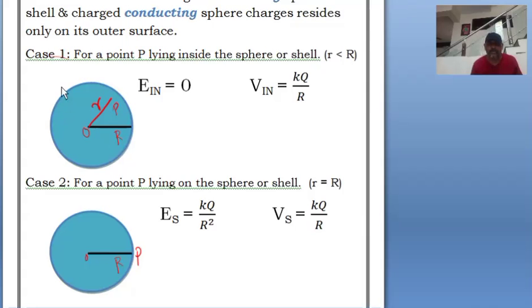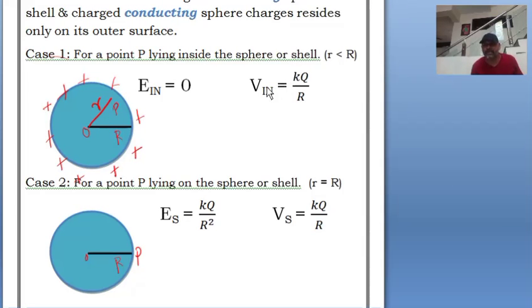Here the sphere is charged, and you know that the charges will reside on the outer surface. Therefore, the electric field intensity inside is equal to 0. Remember this.